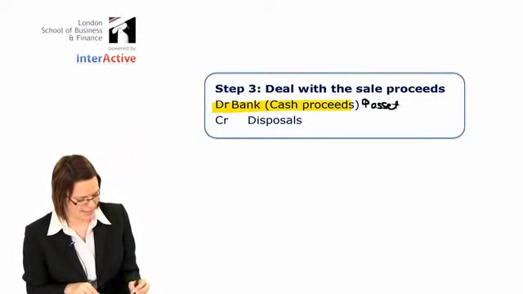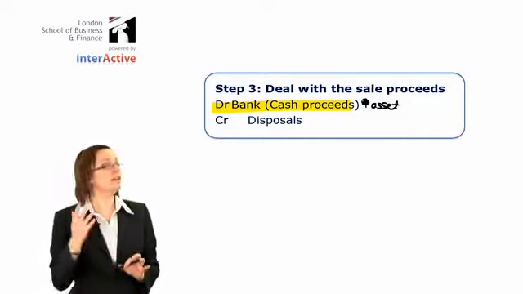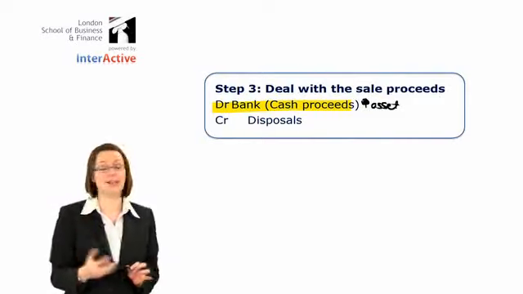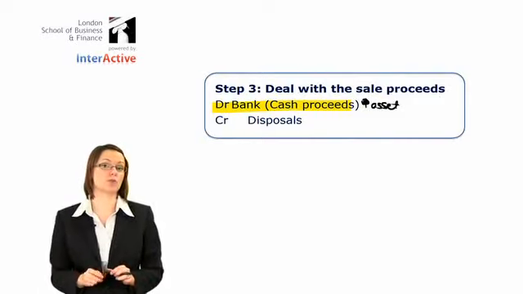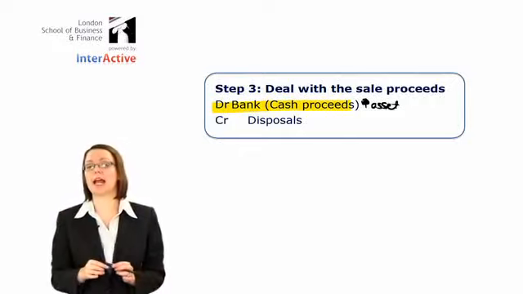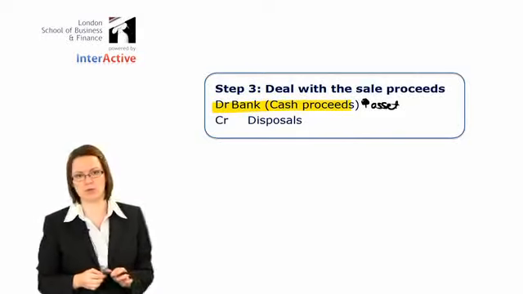Okay, I've got that asset of cash in my business. There has to be a corresponding credit entry. Well, again, it's obviously going to go to disposals. So if you remember step 3, debit bank with the cash proceeds, the credit will always be to disposals.